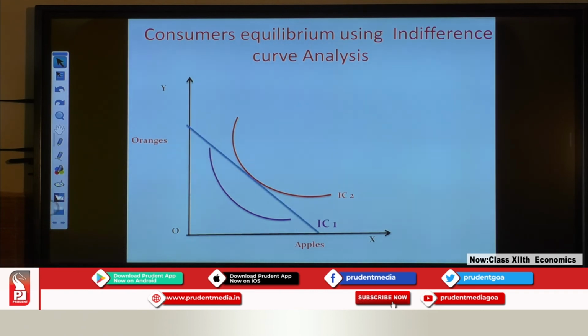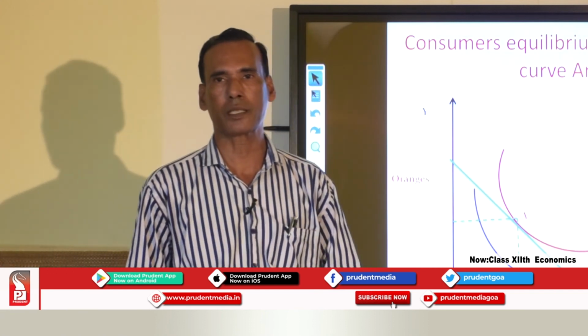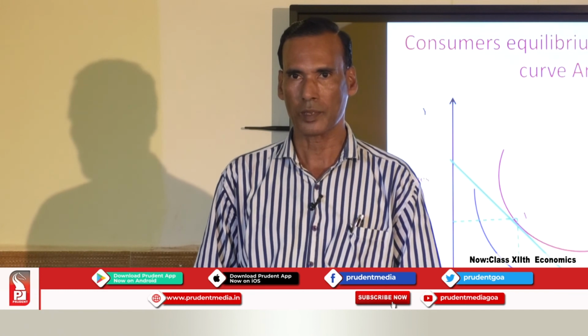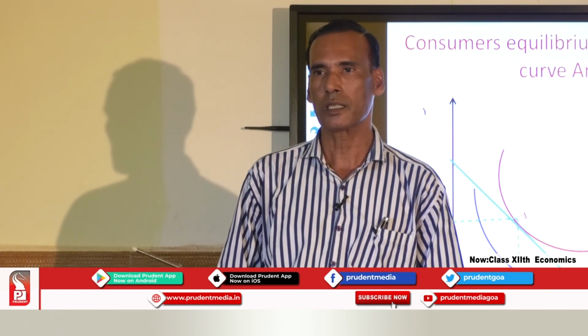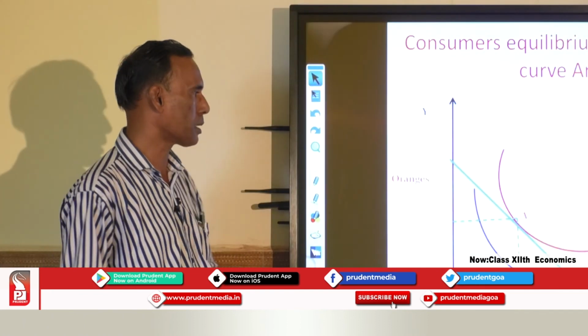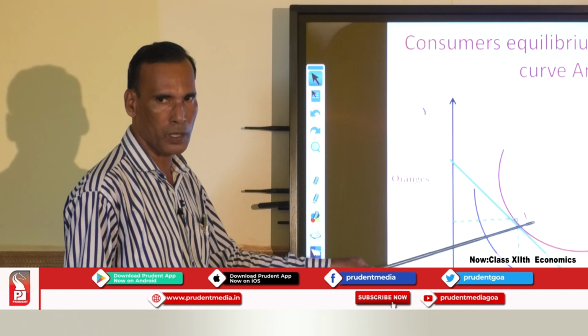This is the budget line. Now, when the budget line is tangent to the indifference curve, that point is the consumer's equilibrium. Now, there are various combinations on this indifference curve, but the consumer is in equilibrium or gets the maximum satisfaction at point A.